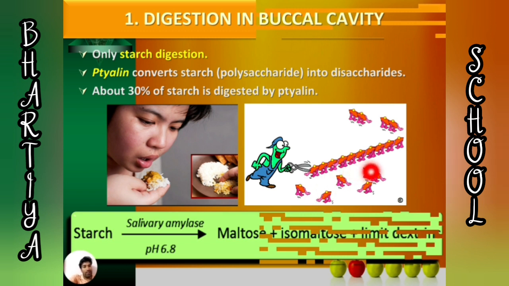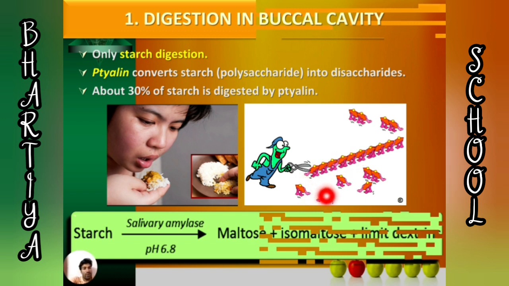Single units combine to form disaccharides, and these disaccharides combine to form a long chain called a polysaccharide. Starch is formed from a monomer unit, glucose.